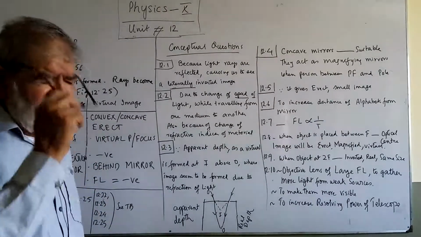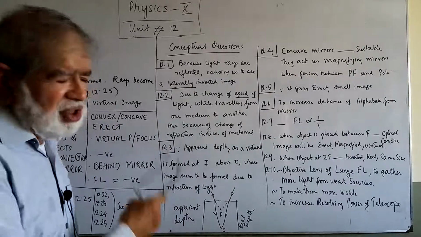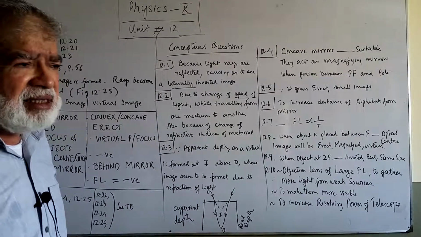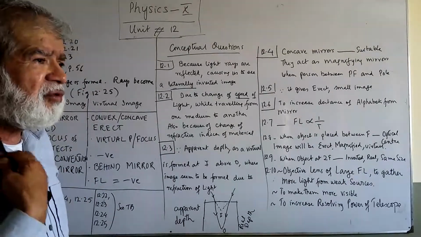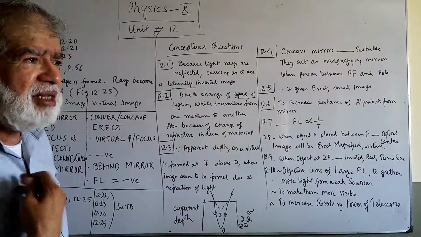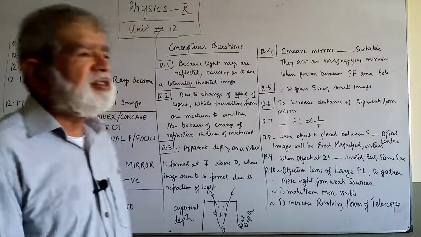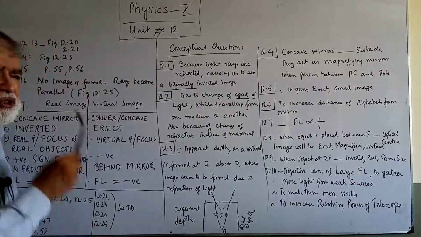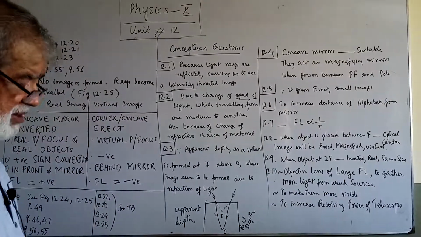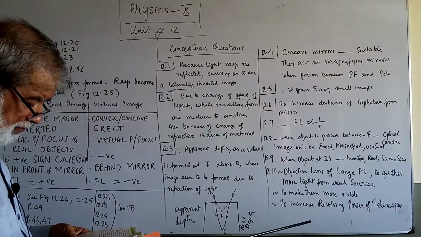It takes place at the boundary because of the change of speed of light. It is just like when you are driving and you go from a hard road onto a desert road. At the boundary, because of the speed of the vehicle, you will see a change. So refraction takes place due to a change.